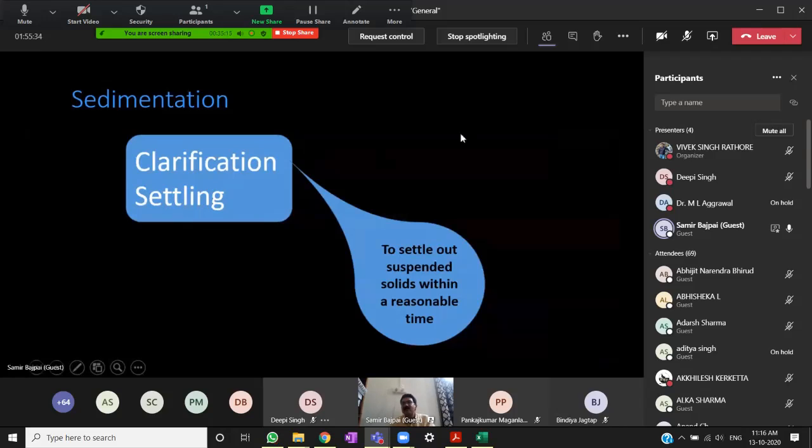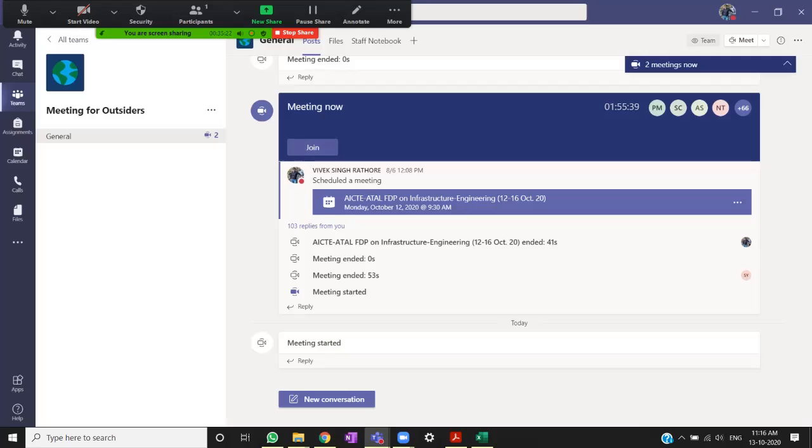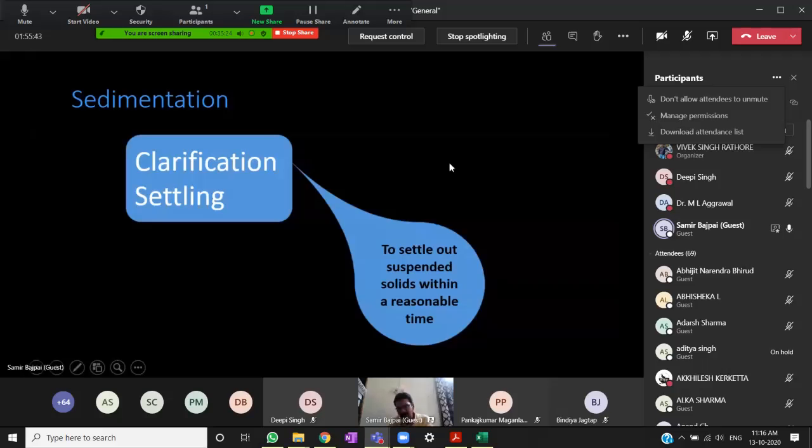Another way of clarifying water may be through floating. If particles have a bulk density or specific gravity less than water, then it will be difficult to settle them. Then it will be easier to float them on the surface and then scum them off from the surface.